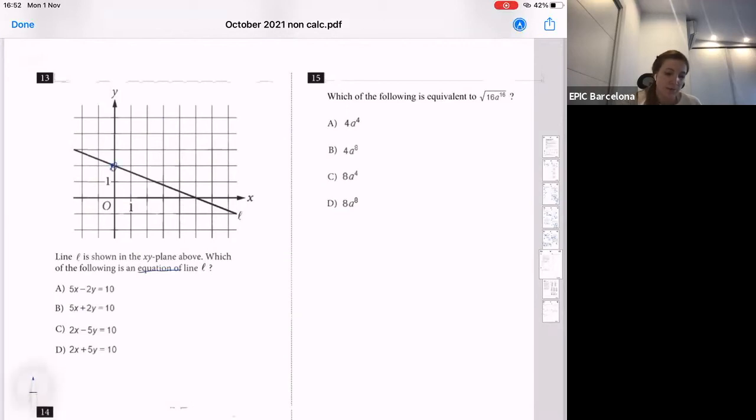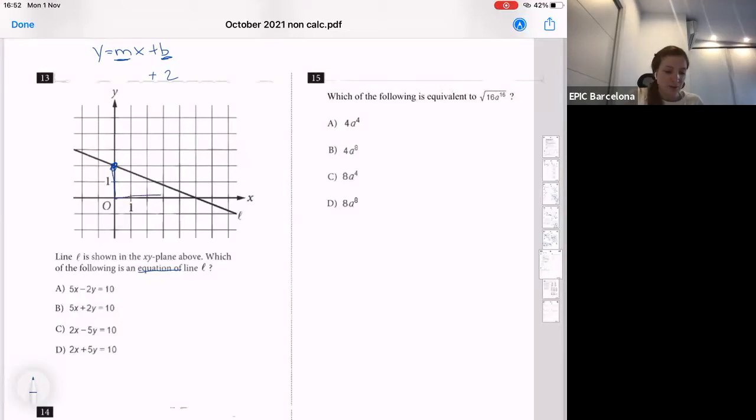So the y-intercept, remember guys, when there's a form, y is equal to mx plus b, M is always the slope and b is the y-intercept. Here the y-intercept is at 2. And if you want, you could find the slope or know that it's negative, right? The line's going in a negative downward direction.